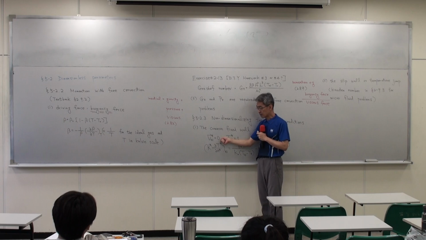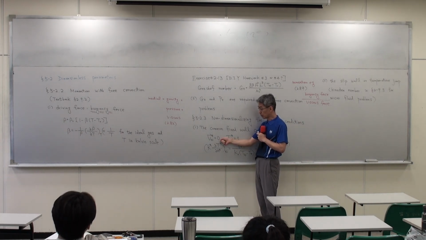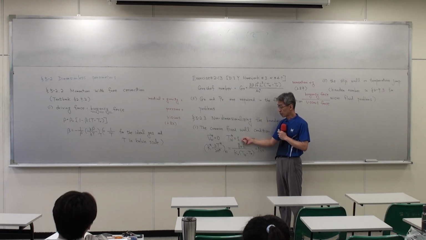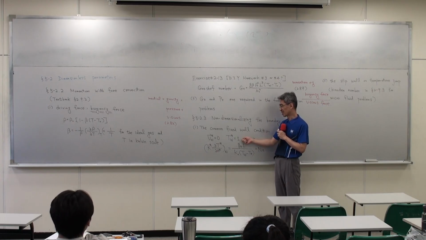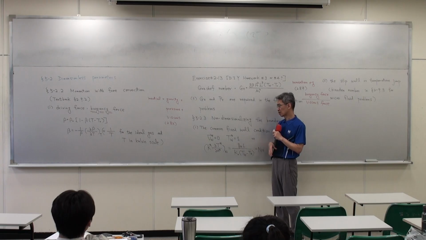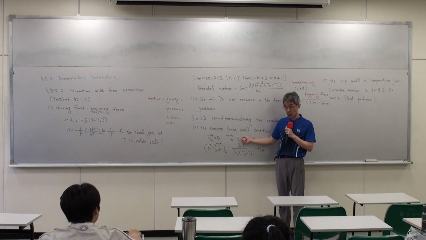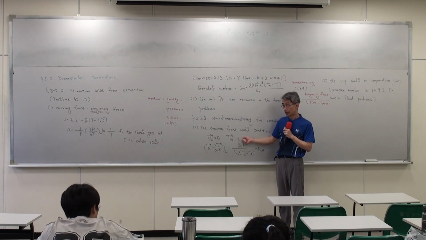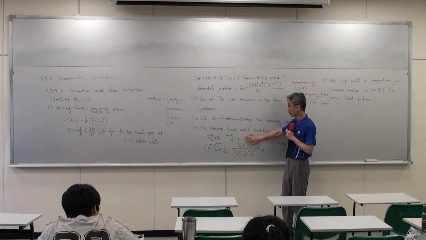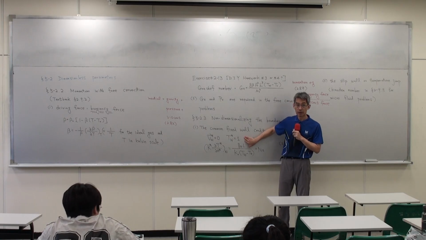The wall velocity becomes 0, and the temperature becomes 1. In practice, this temperature may be 100 degrees C or 150 degrees C, but when non-dimensionalized, it becomes 1. So this is the boundary condition for the so-called fixed temperature condition.